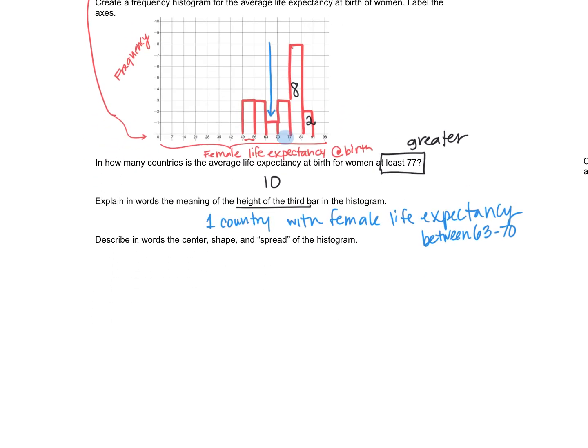Next it says describe in words the shape or the spread of our histogram. And so when we're looking at this, we could say a couple of things. It looks like it is roughly skewed left.